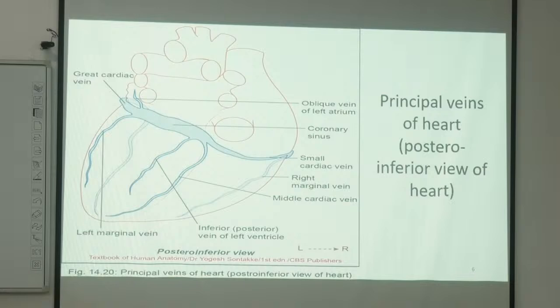And see here, this small cardiac vein originates as the right marginal vein. This is the right marginal vein lying along the right margin of the heart. Okay, and here is the left marginal vein, which is lying along the left border of the heart and draining into this coronary sinus.